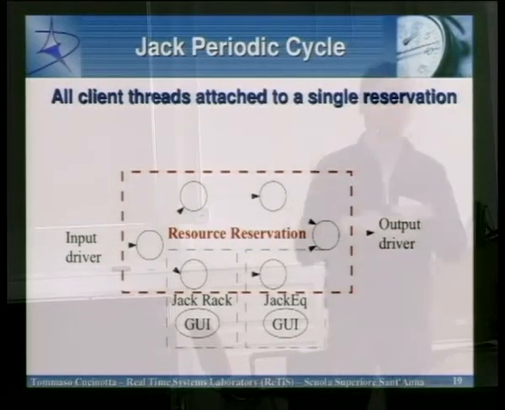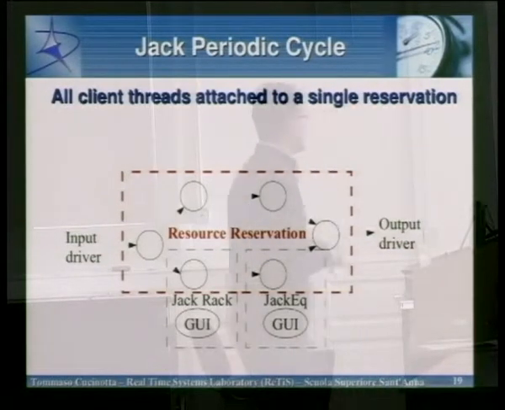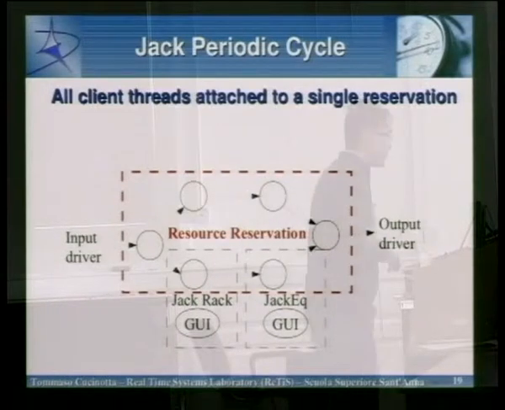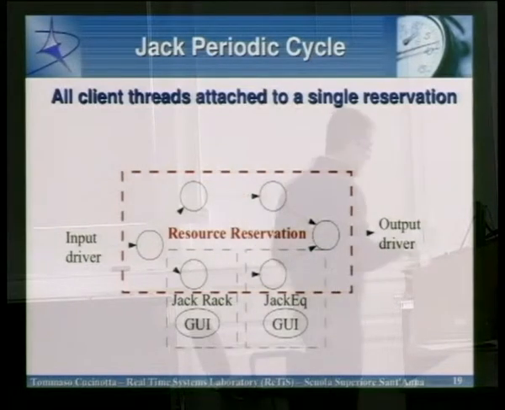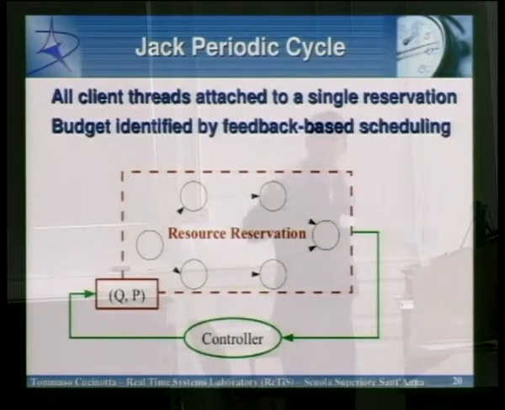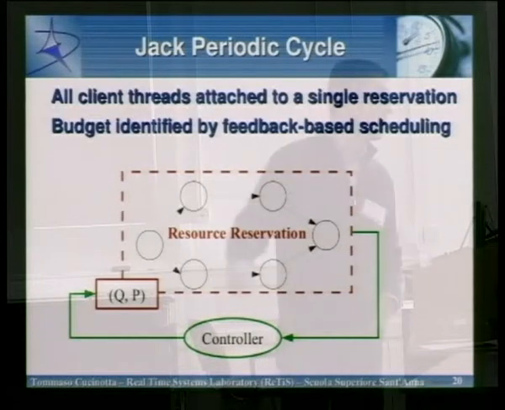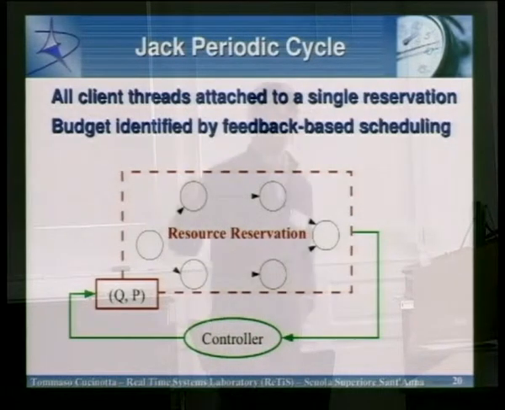Thanks to the hierarchical scheduling capability, we can put inside this reservation all the Jack client threads which are registered. And also we have a feedback-based control loop, which is able to tune the budget Q depending on the observed requirements from the system at runtime.